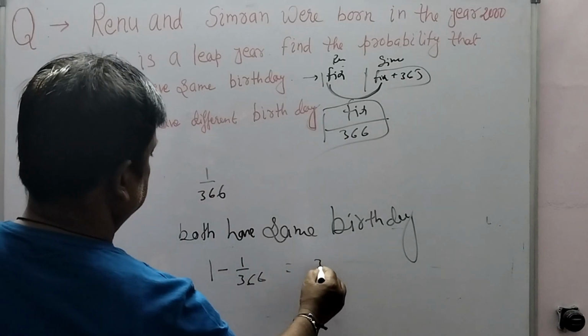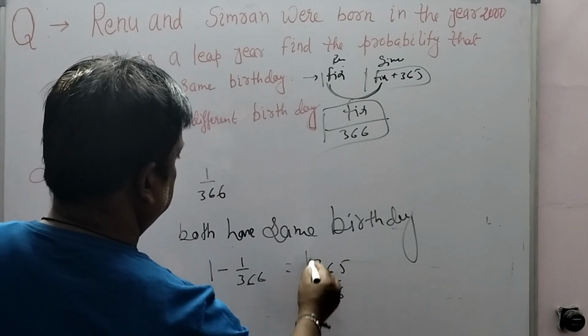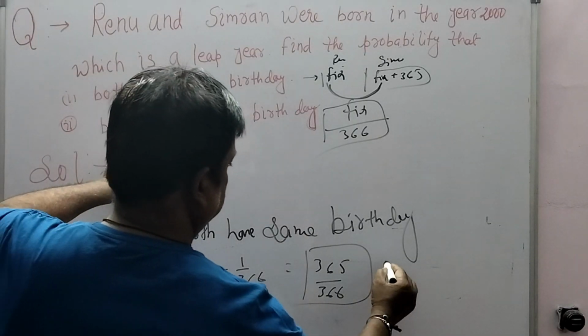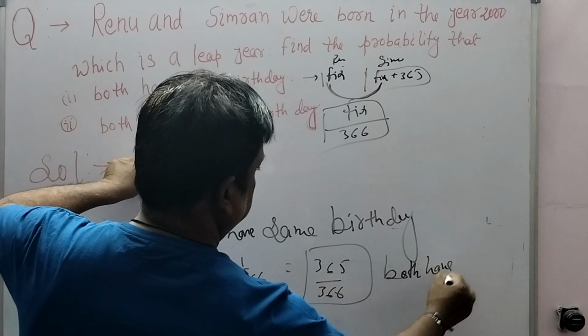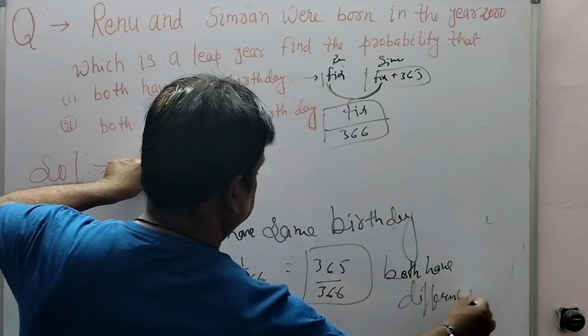This is the other probability, that both have different birthdays. That is the required probability.